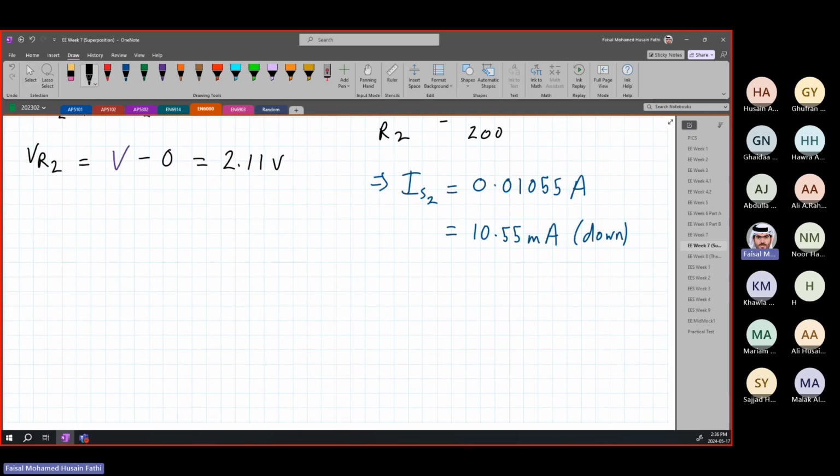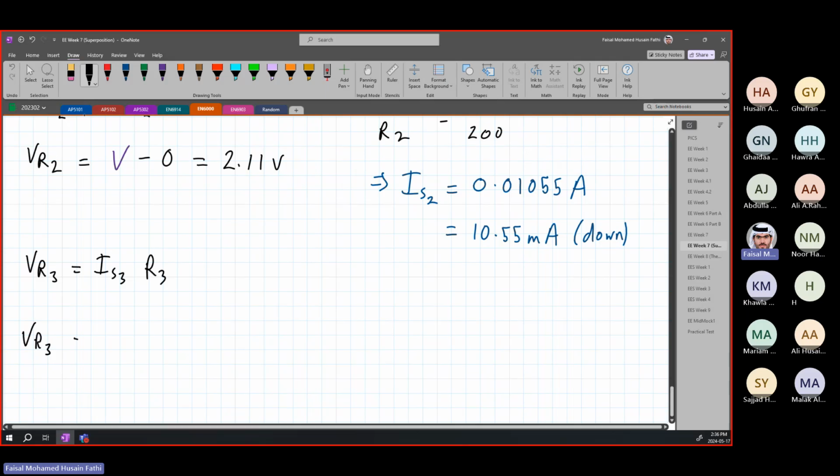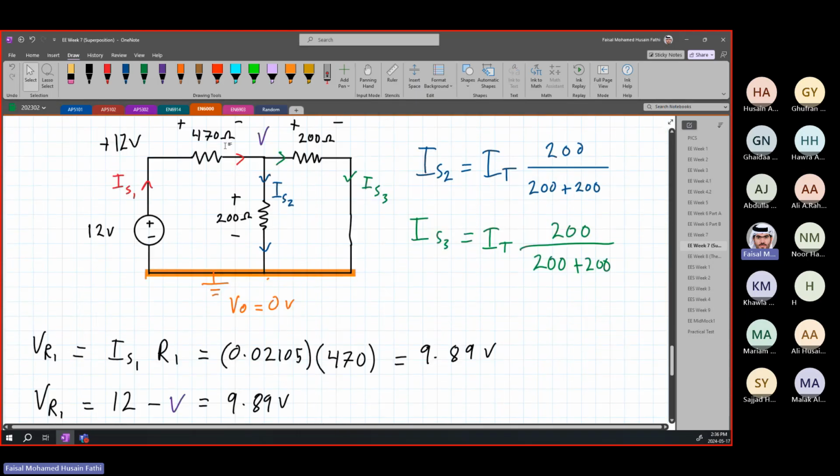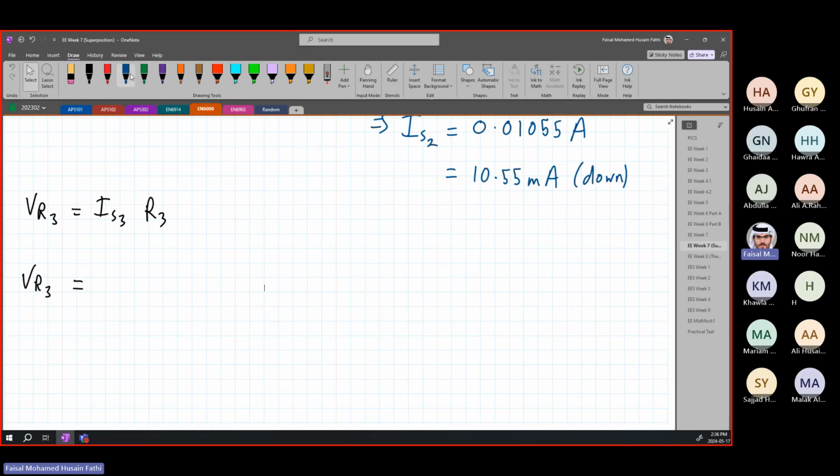Same thing we're going to do for IS3 now. So for IS3, we know that VR3 is equal to IS3 times R3. And we know that VR3 is equal to, again, same idea, the voltage here, the positive side, minus the negative side, which is the ground voltage, which is 0. So it is equal to V minus 0, which is simply equal to 2.11 volts again.